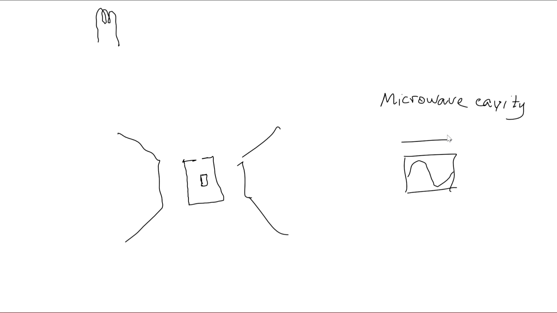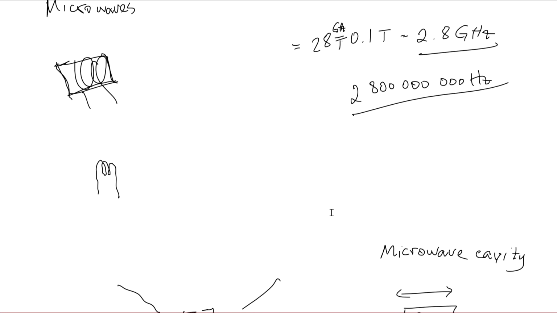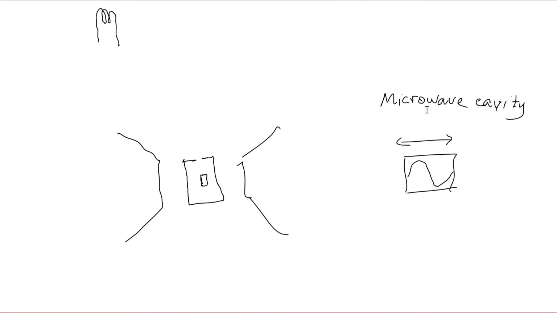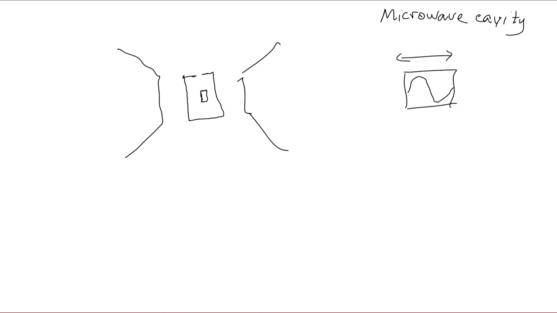If you calculate the wavelength for a wave of 2.8 gigahertz, you will get a wavelength in vacuum of about 10 centimeters. 10 centimeters is what? 4 inches, right? So this is a reasonable size, and that is the wavelength of the electromagnetic wave in a cavity.